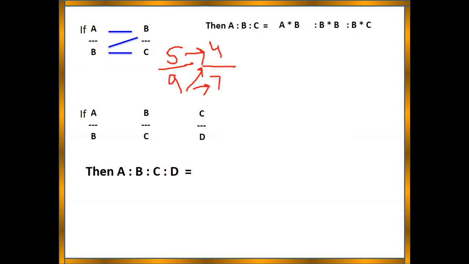How many numerators are there? 3 numerators. A, B, C. Next one, one numerator replacing with the denominator.